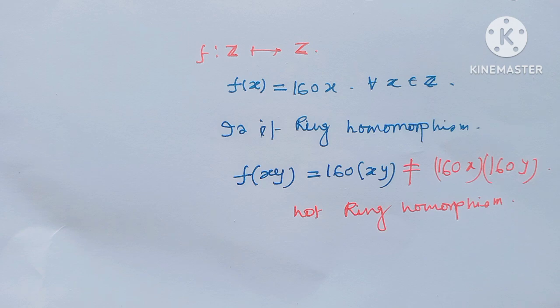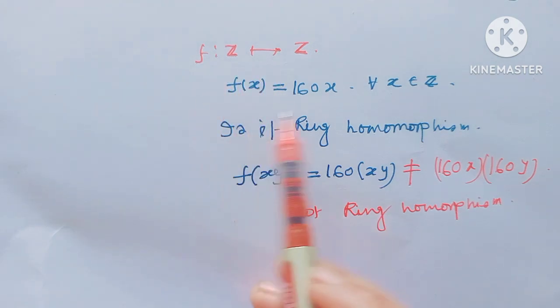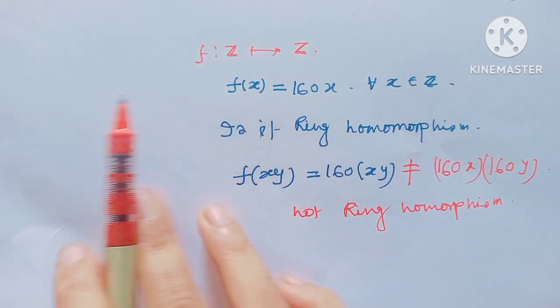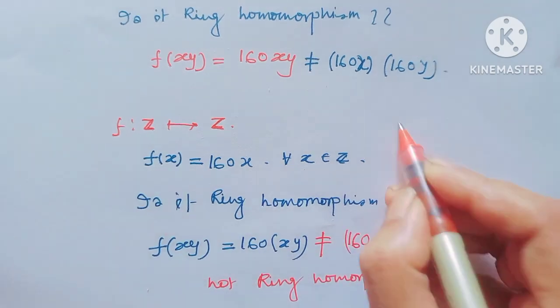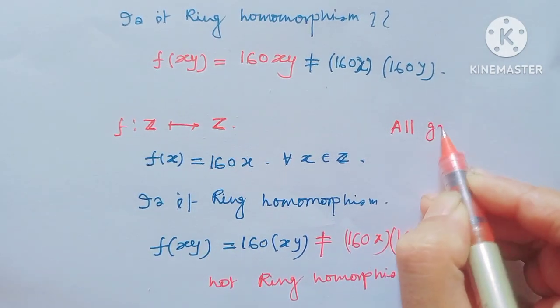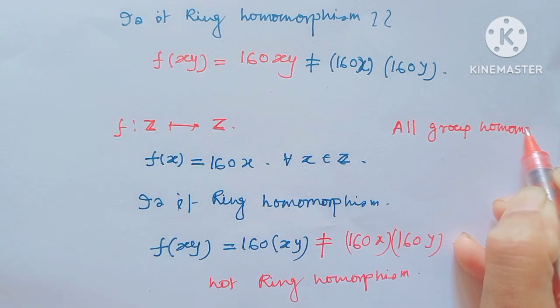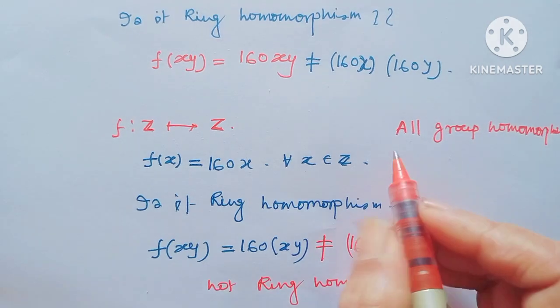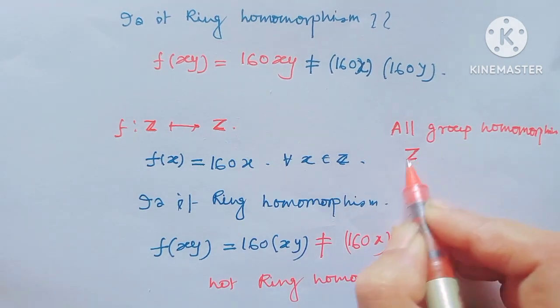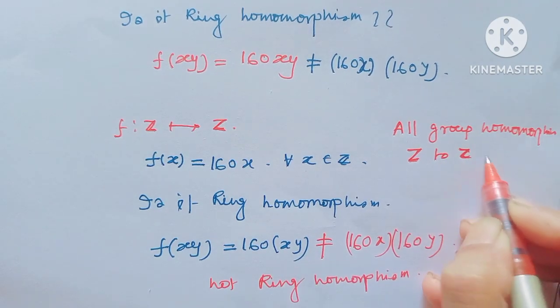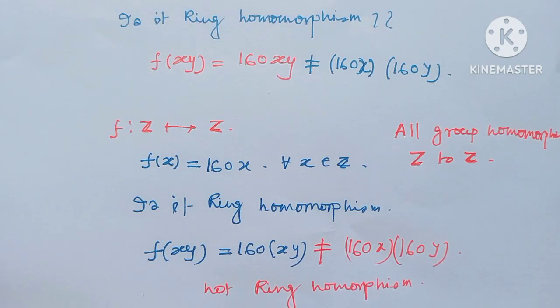Since it is a group homomorphism, what do all group homomorphisms from Z to Z look like? At first think for yourself, then see my solution.